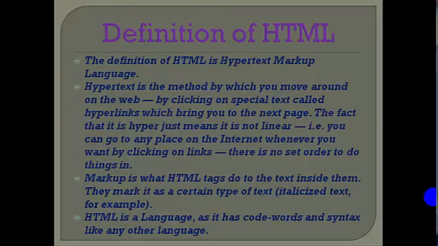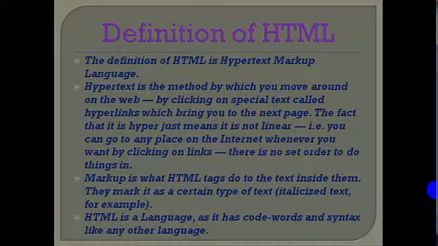Okay, I will teach you what HTML is in detail. Actually, HTML is markup symbols or codes inserted in a file intended for display on a World Wide Web browser page.